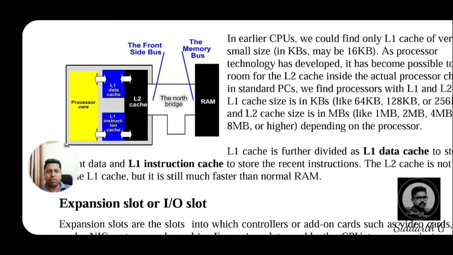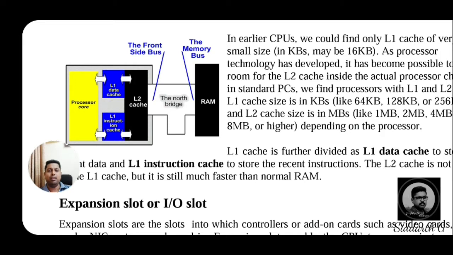And L3, remember students, will support even more, up to 12 MB. So all these 3 levels of the cache have a chance to store the data. This is level 1, level 2 and level 3 inside the cache memory.